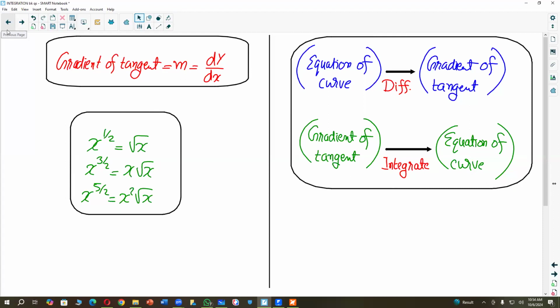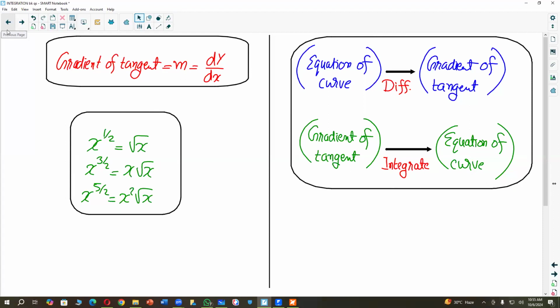I'm done with that, but I do not understand the part where you said x raised to the power 3 upon 2 is equal to x under root x. I don't get that. That's basically a power method, that you can write x power 3 upon 2 as x under root x. You can simplify, put x power half into x. You will get the same x power 3 upon 2.